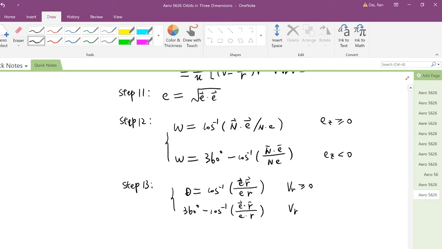When vr is less than 0, we have another definition. And this E and R vector can be expanded. As we know here, we can expand this and write this as an expanded term.